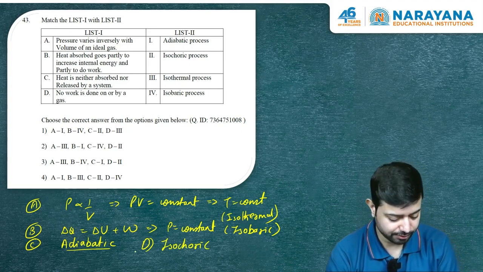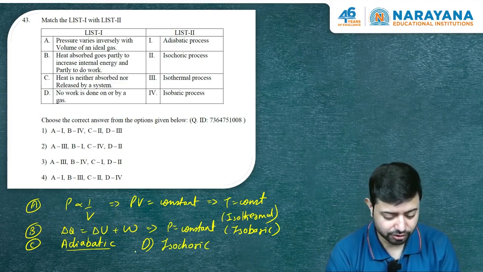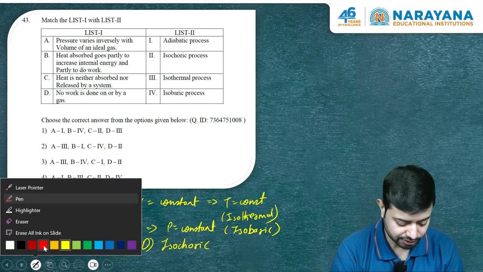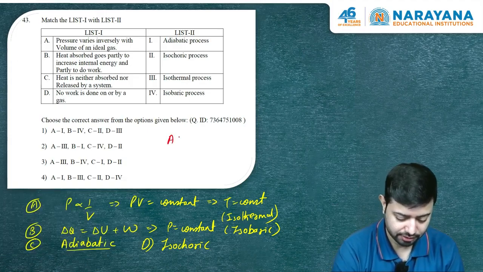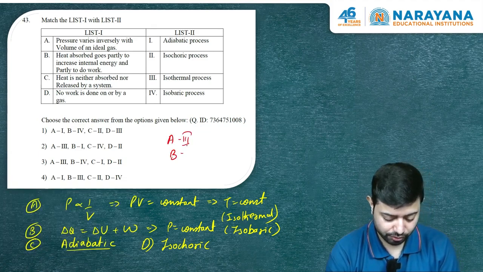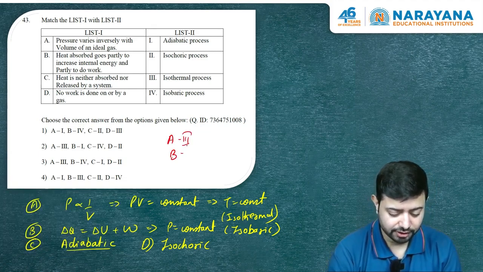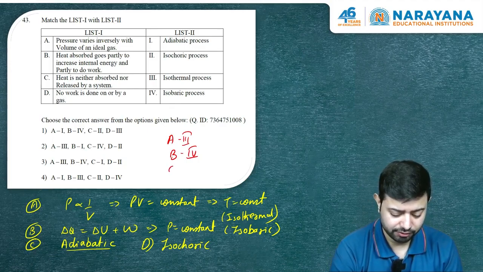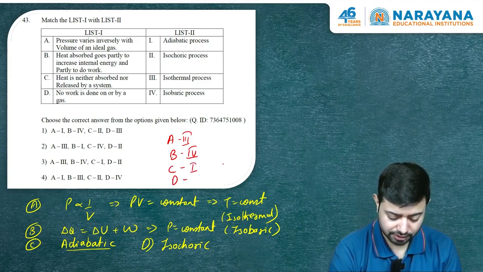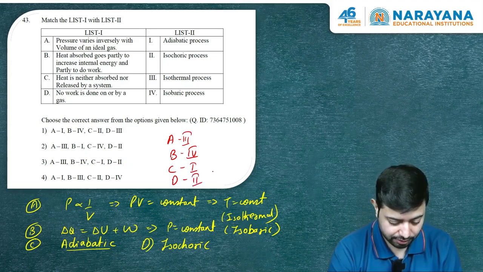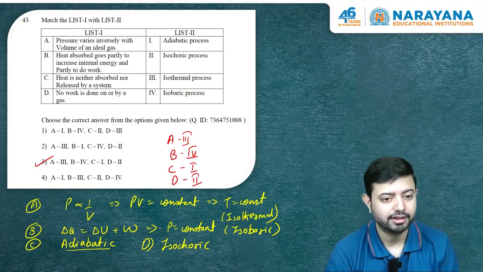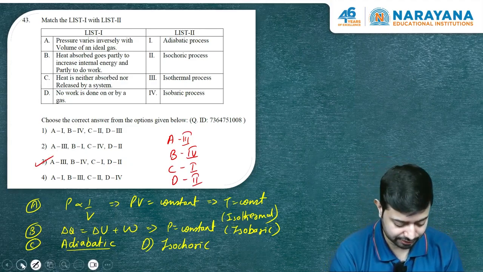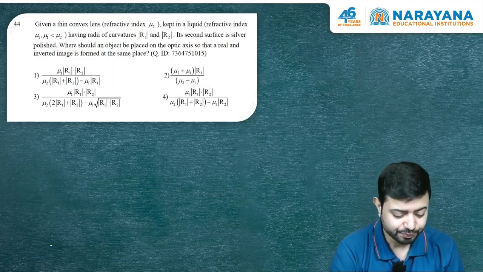So, A is isothermal, which matches the third one, B is isobaric, which is the fourth one, C is adiabatic, which is the first one, and D is the remaining isochoric, which is the second one. So, A with 3, B with 4, C with 1 and D with 2 is going to be the third option. Let us move to the next one quickly.